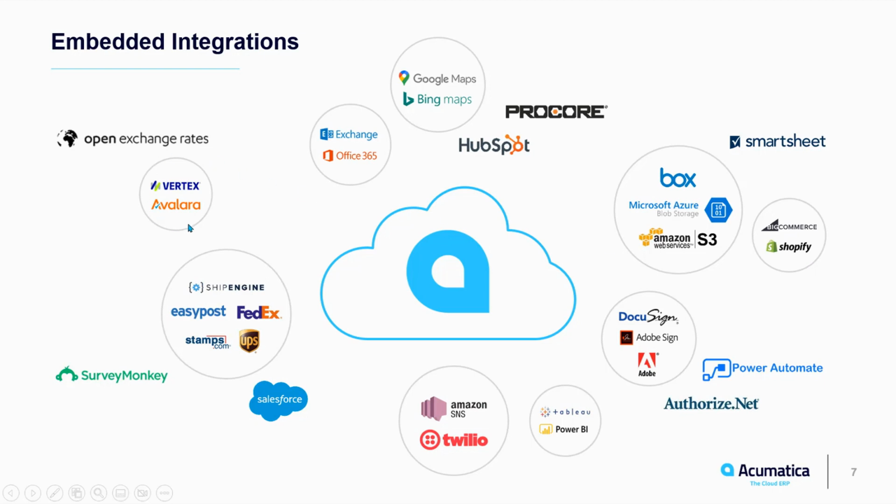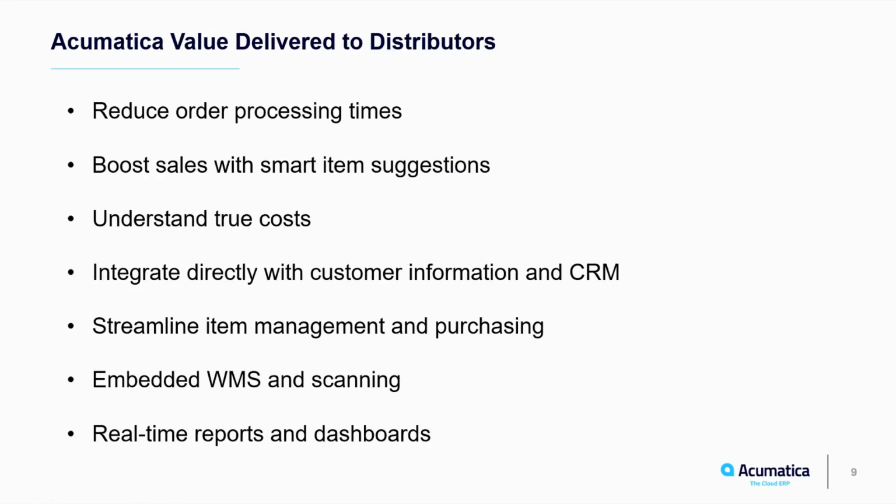Or perhaps you need tax automation through the likes of someone like Avalara or Vertex. Acumatica helps distributors like you to reduce order processing times, boost sales, and understand their true costs with a single collaborative business management system to manage your distribution company.